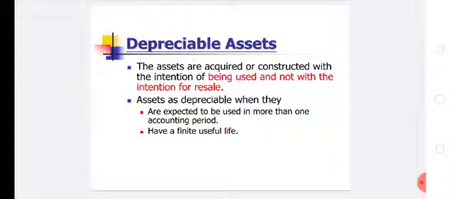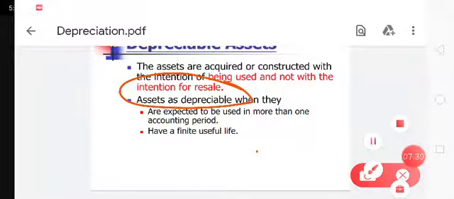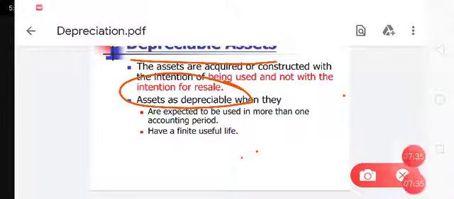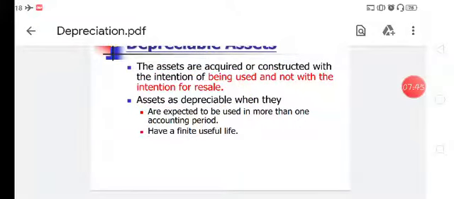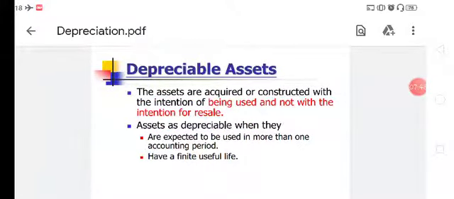It means you want to use that asset, you don't want to sell it to any other person, you don't have any intention of resale. That type of asset is known as a depreciable asset.